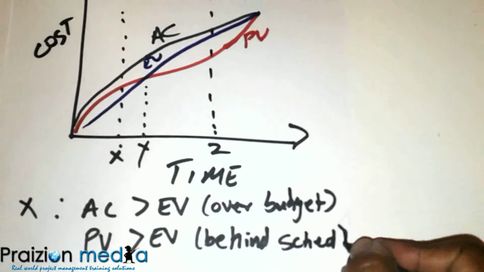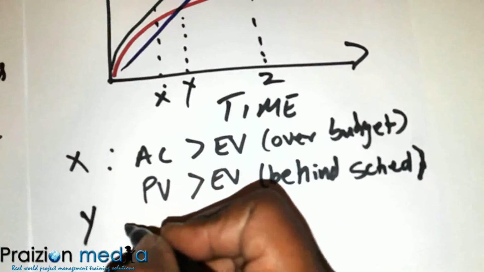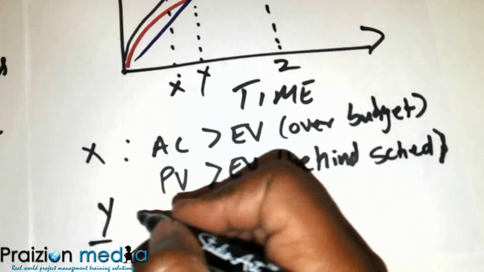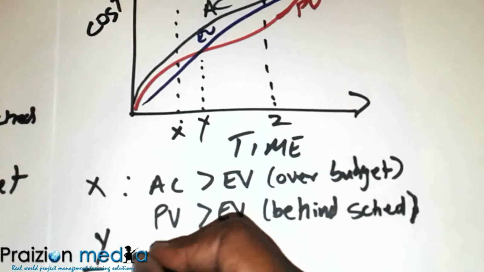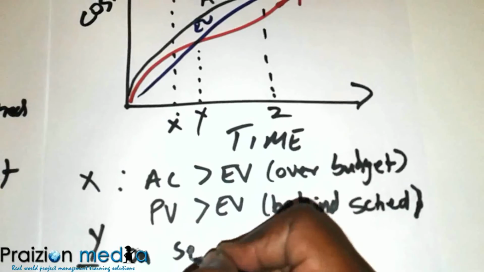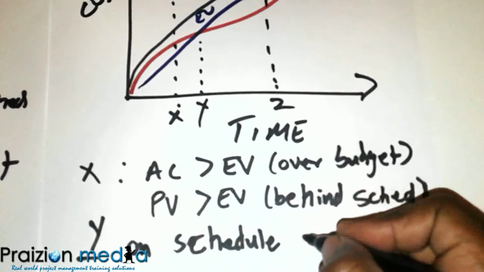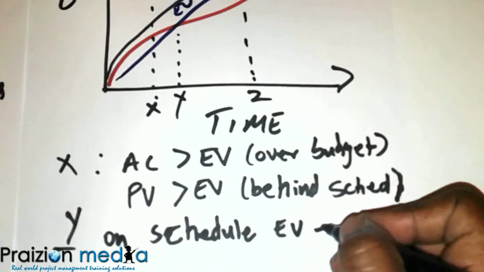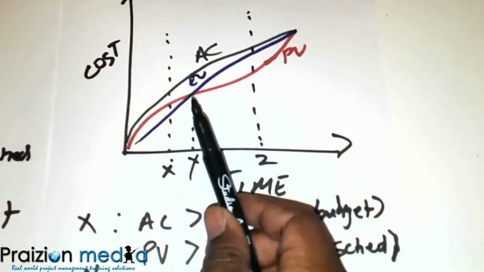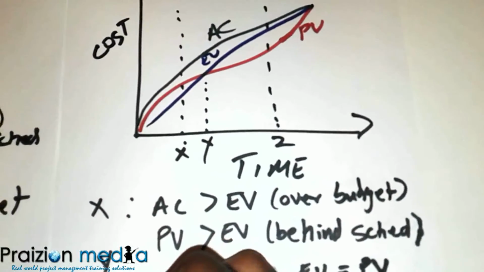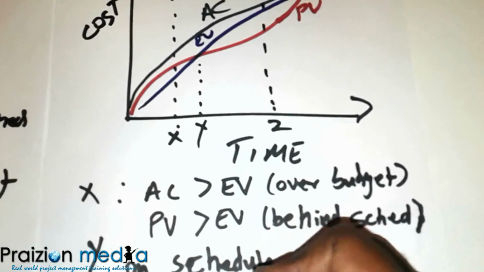And then at point Y, we can say that we are on schedule because the earned value is equal to the planned value. As you can see, earned value is equal to planned value, but we are over budget.